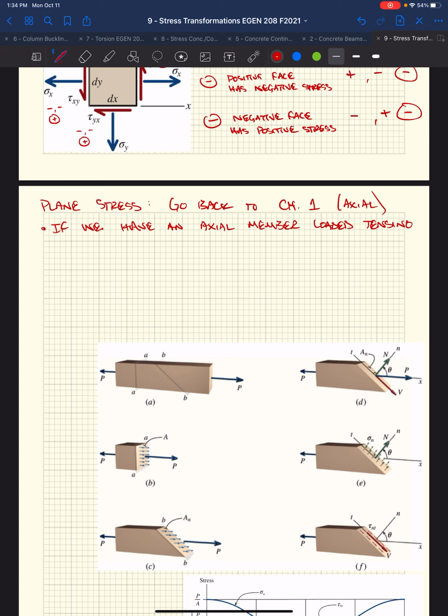Tension, loaded in tension, okay? Our max stress we determined during that time, call this sigma max, occurs on face AA. That was this face right here.